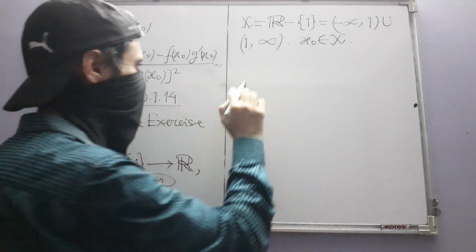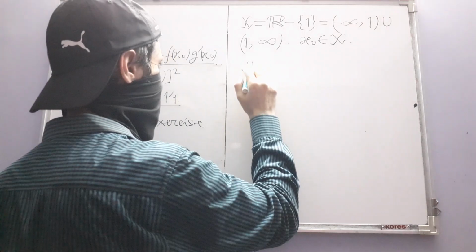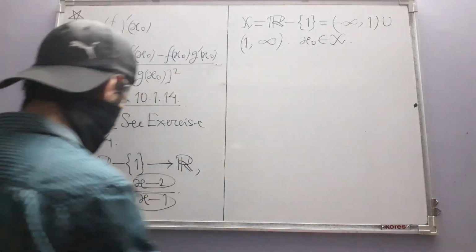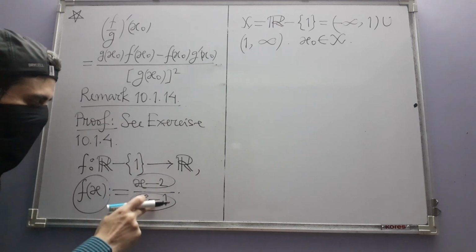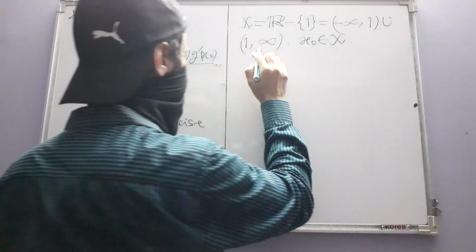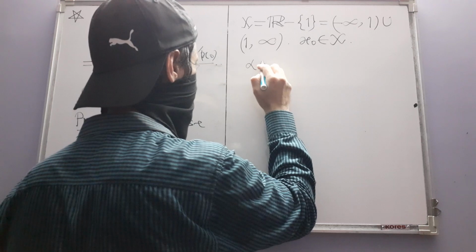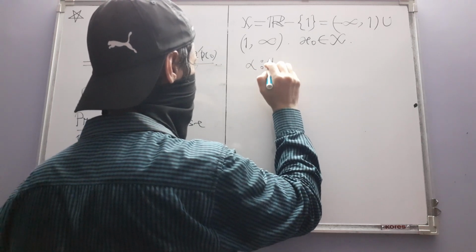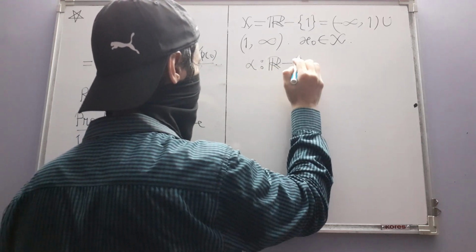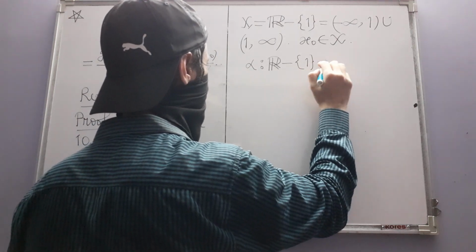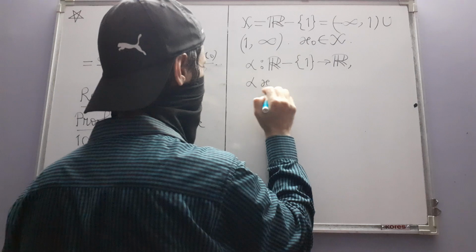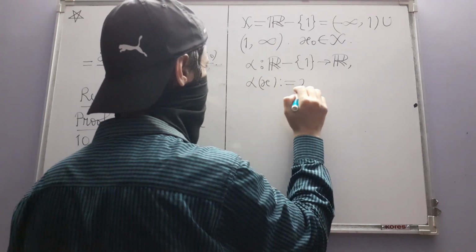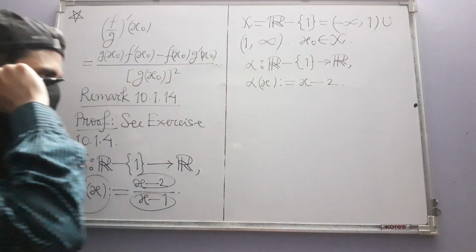Let me just name those two functions, because we are already calling this entire function f, so we cannot call this f and this g. Instead, let me just call this function alpha, where alpha of x is x minus 2.